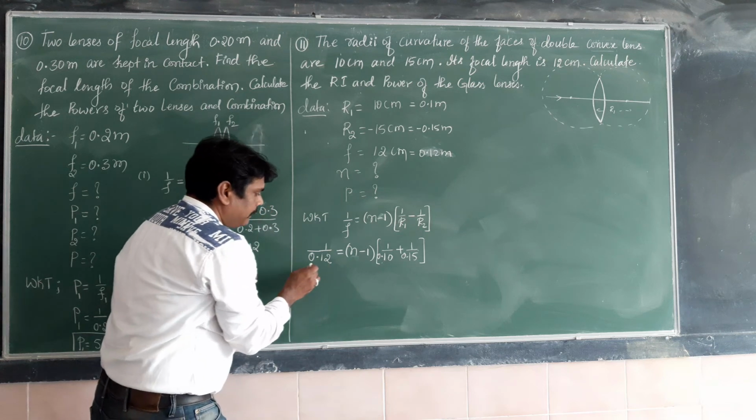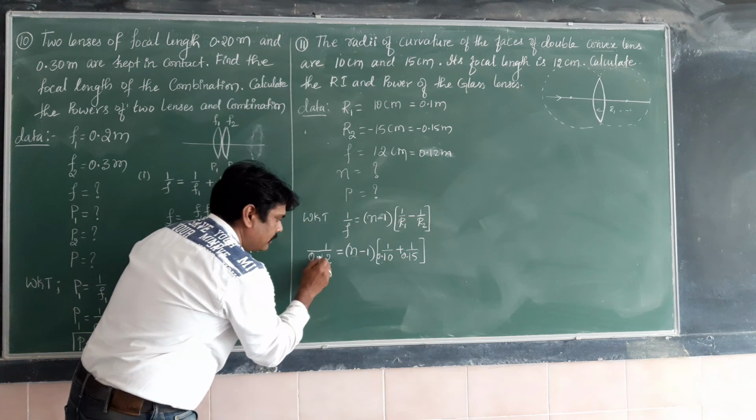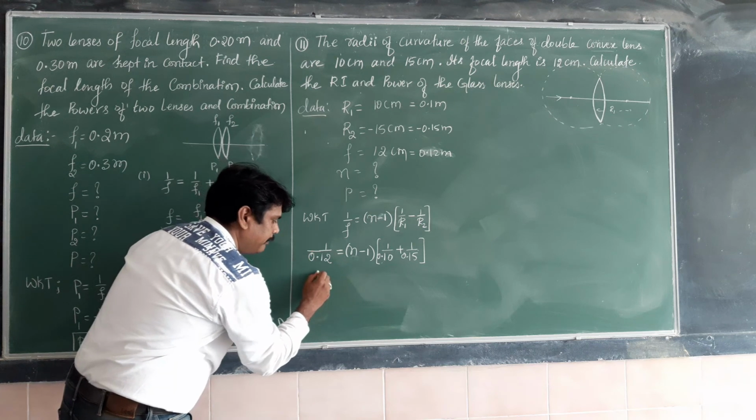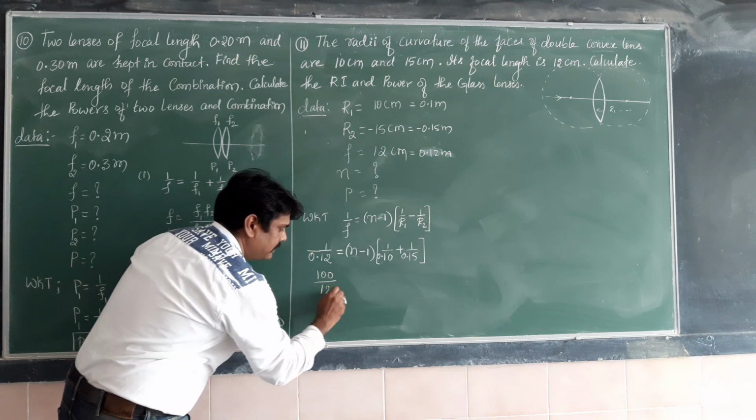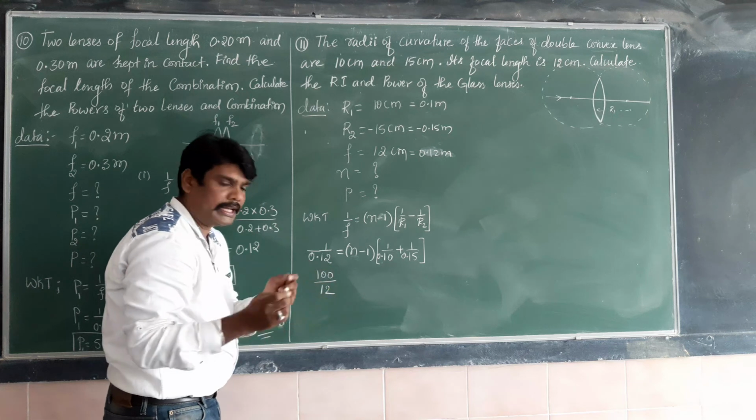Now to simplify this, multiplying both sides by 100, it will become 100 divided by 12. This is the easy method of simplification. Otherwise, you can use the calculator.